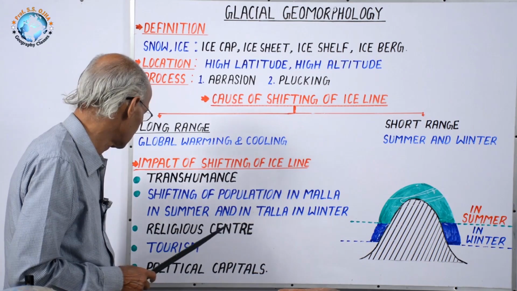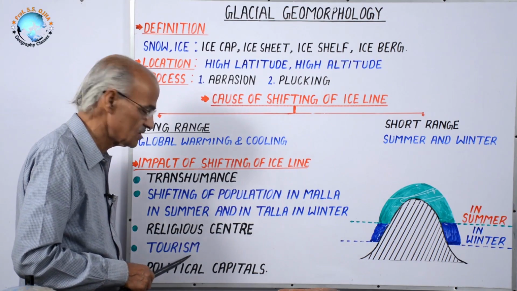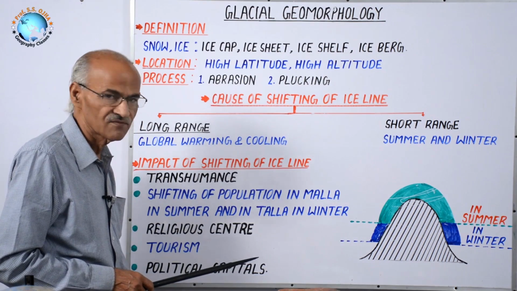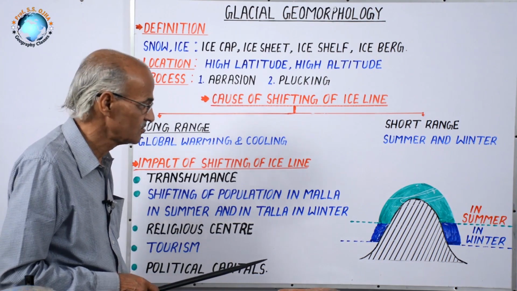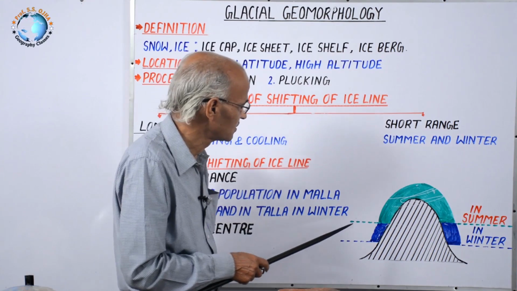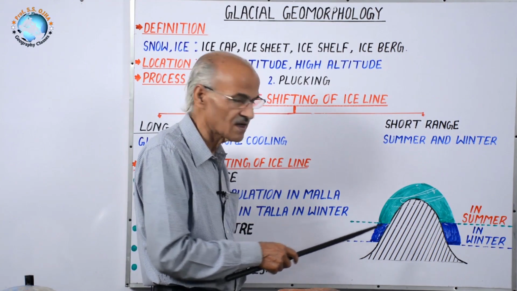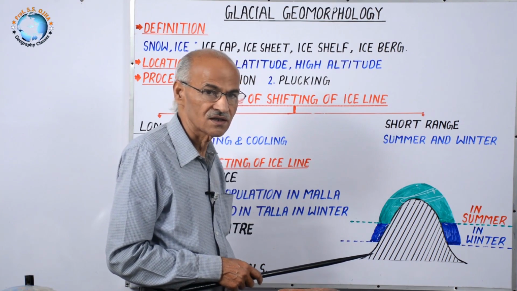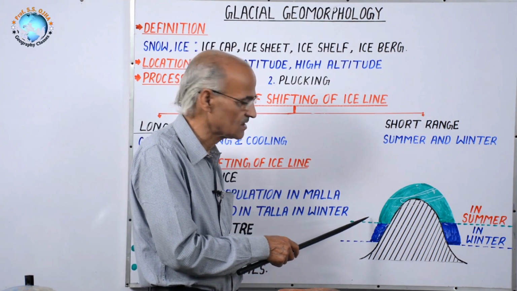Now come to tourism. Tourism is also affected by the shifting of the ice line. As you know, tourists go up near the ice line, like Gomukh and Gangotri and other centers over the Himalayas, during summer.